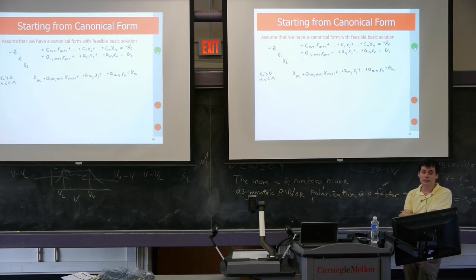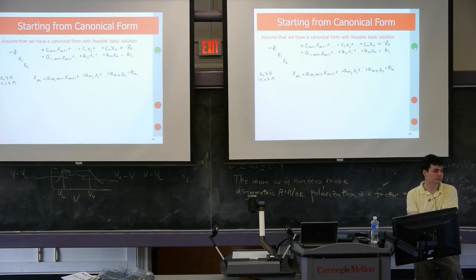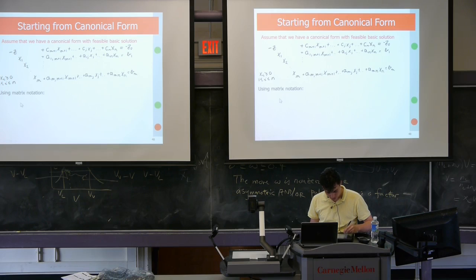And now the question is, if we have this form, then how to choose variables x1, x2, and so on, xn, such that the cost function z will have minimum value. Okay, so using matrix notation, I could just rewrite this.